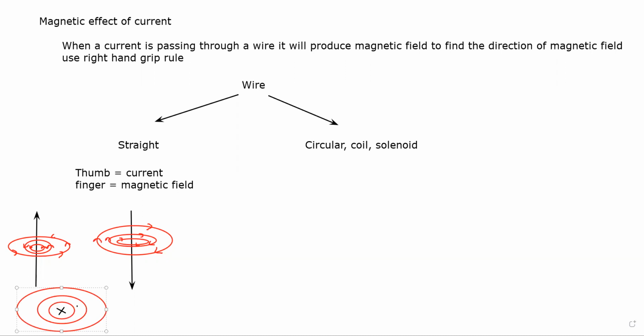It will be circular; because of space I did not make them exactly circular, but it will be circular. The direction in which our fingers rotate is the direction of the magnetic field. And if it is a dot, it means out, so the thumb should point outward and the fingers will turn in the direction of the magnetic field.